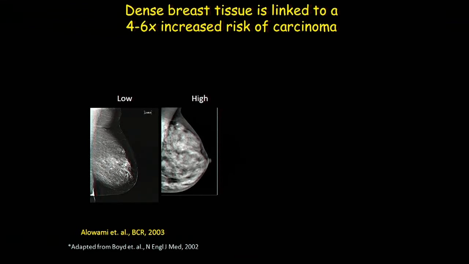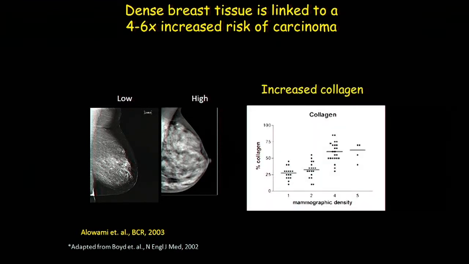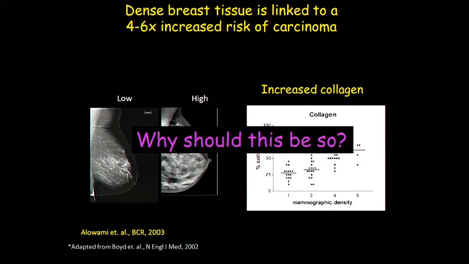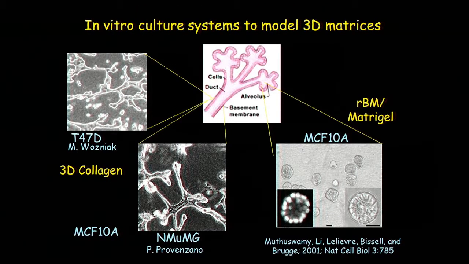And this is work that was pioneered by Norman Boyd's lab over the past probably 15 years. And in Norman Boyd's lab, they discovered that high mammographic density is largely correlated to an increase in the amount of collagen that's in that connective tissue microenvironment. So why should this be a risk factor for developing breast cancer? And that's what we've been setting out to look at for part of this.